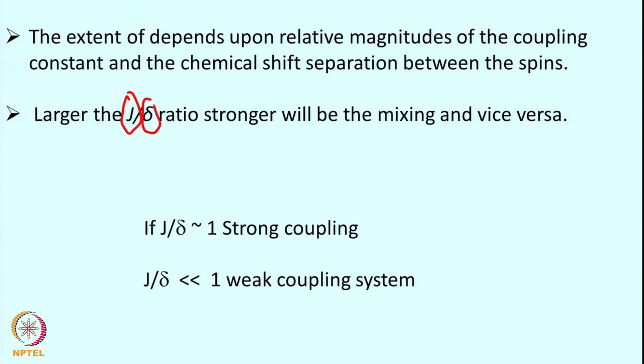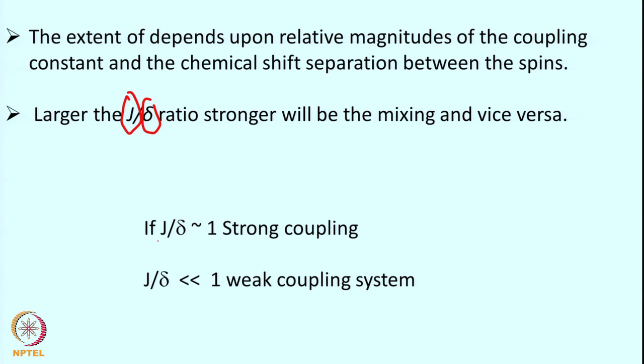So, larger the J by delta, again I am telling you, it is the ratio of coupling constant with the separation in the chemical shift, the mixing will be stronger. So, the mixing of two spins will be stronger, and if it is less then it will be lesser.